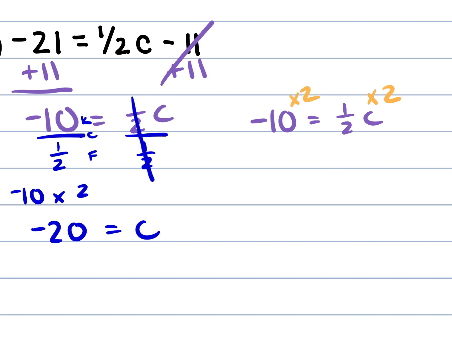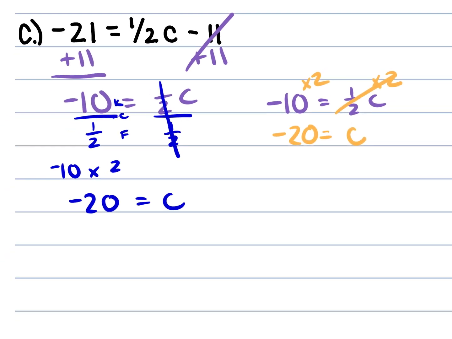So 1/2 times 2 would just be 1. So that cancels out on the right, and I'm just left with C. And then on the left, I have negative 10 times 2, which would be negative 20. So either way works. You can divide by your fraction or multiply by the denominator, and you'll end up with the same answer.